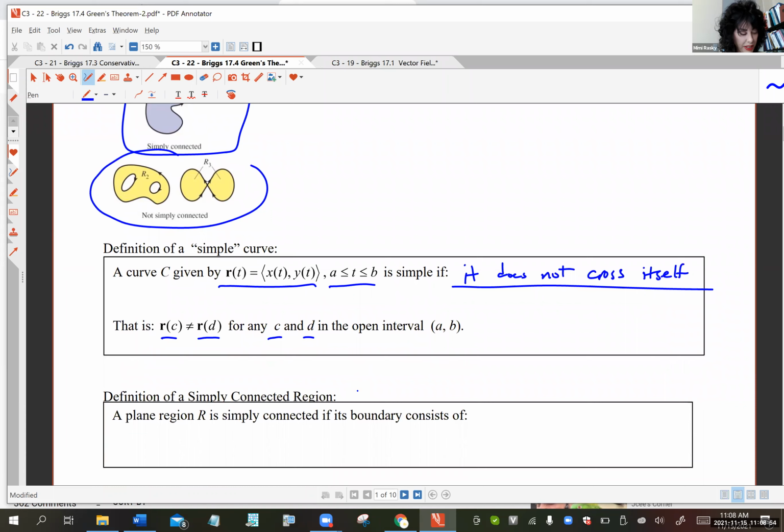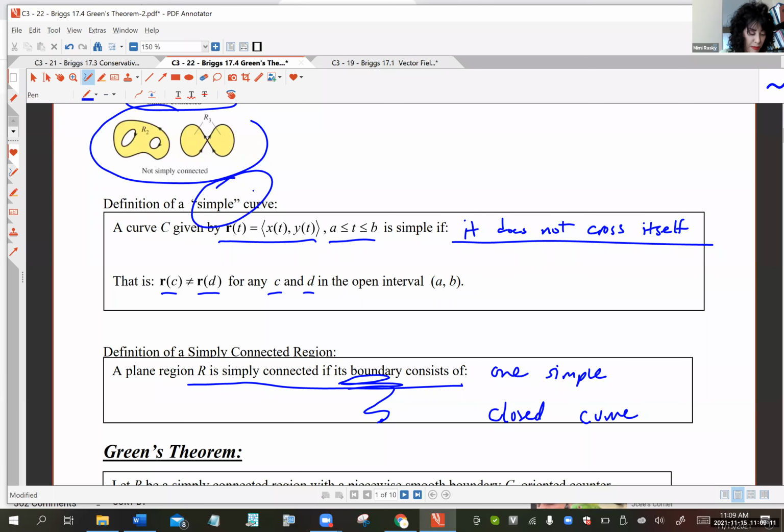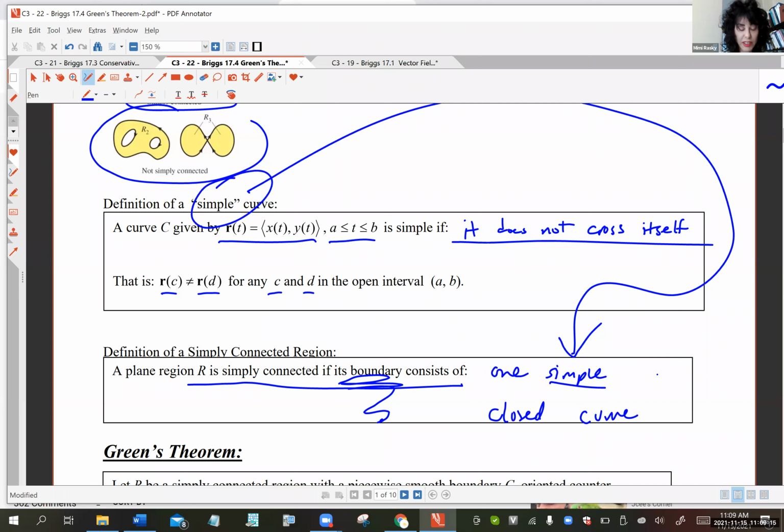Okay, fine. Now let's define a simply connected region. A plane region R is simply connected if its boundary consists of one simple closed curve. And that's why we needed the simple here. It's a closed curve.